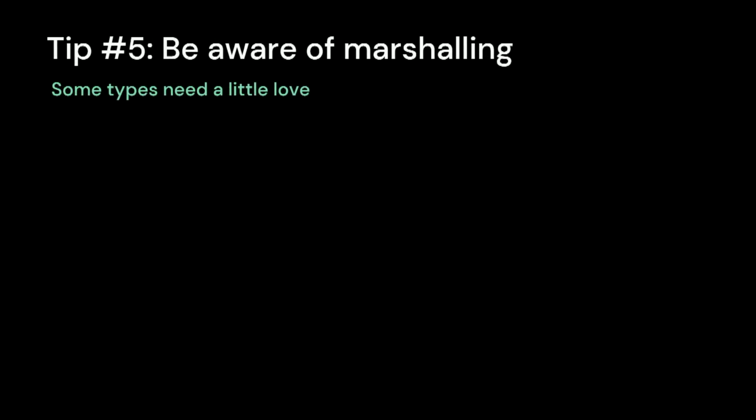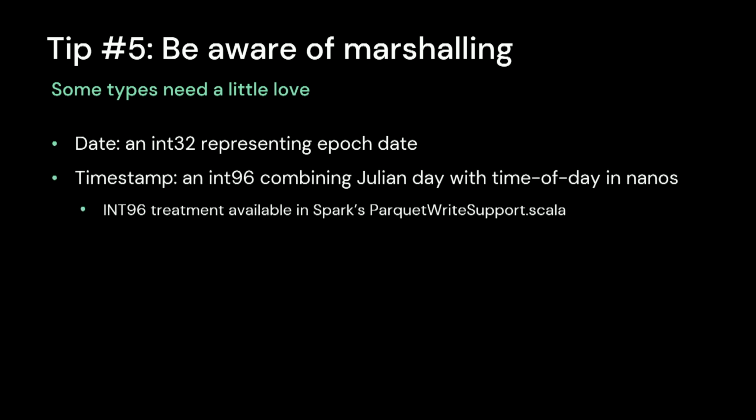Another thing to be aware of is marshalling. There's just a couple of types that need a little love in terms of type marshalling. We touched on date. Obviously, it gets int32 treatment. It's just an epoch date. And the other one is if the Delta Sharing schema indicates timestamp, what you're going to get in Parquet is an int96. Now, the int96 is basically, you break it apart, and you can get the Julian day and then the time of day in terms of nanos within that.